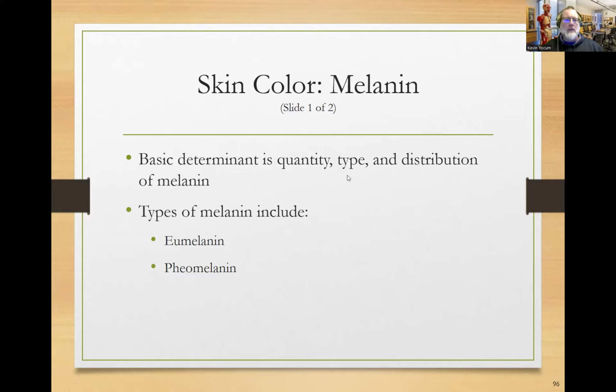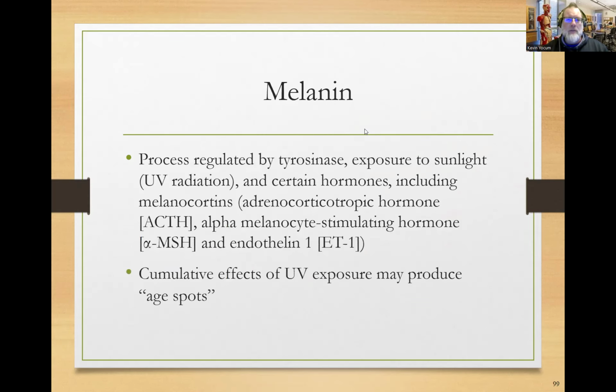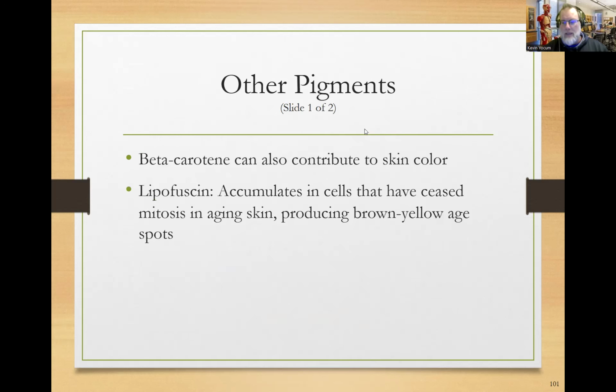Skin color comes from melanocytes. This is physiology, so we don't spend much time on it. You want to know keratin makes up the majority of the epidermis, with melanin making up small amounts as well. You don't need to worry about those because that's physiology, not anatomy.